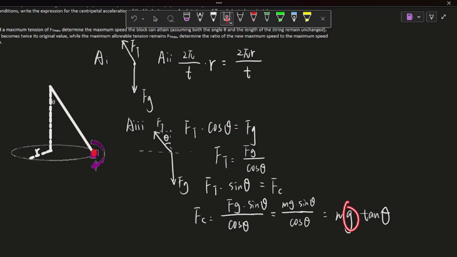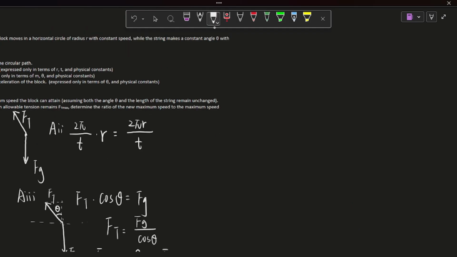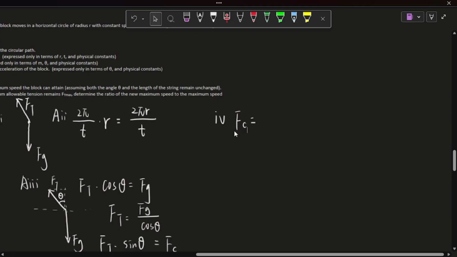Now, part 4. Under the same initial conditions, write the expression for the centripetal acceleration of the block. Express it only in terms of theta. So now, from part 3, we already know that the centripetal force is equal to mg tangent theta.